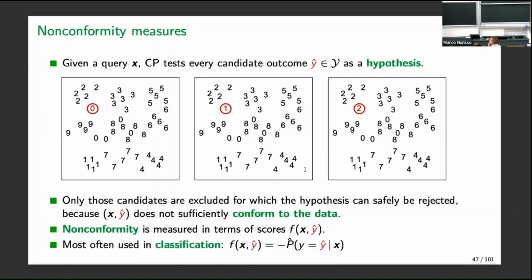For classification, the standard nonconformity measure is a very simple one. It's just the minus of the predicted probability. For a probability, the higher the probability, the more likely that it is this class, but you want the opposite in a way. It's a nonconformity measure. So that's why you take the minus of that probability. There are other measures used in the literature, but this is the most used and it's also quite intuitive.